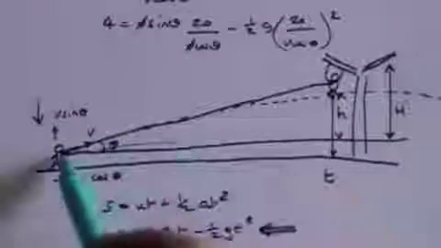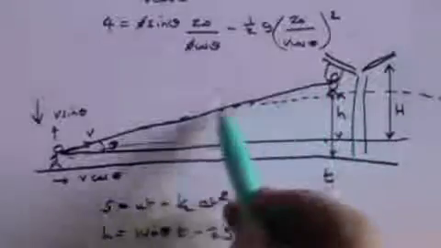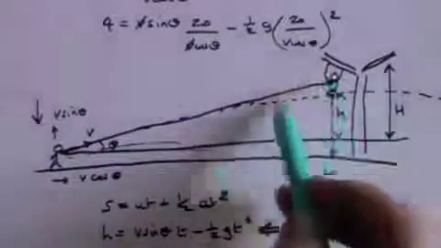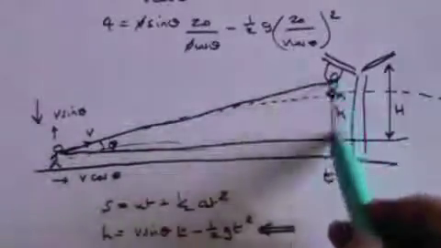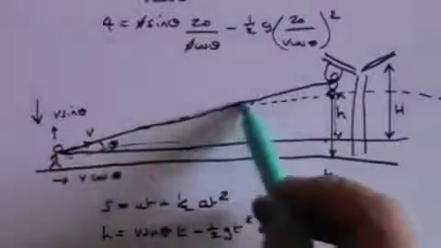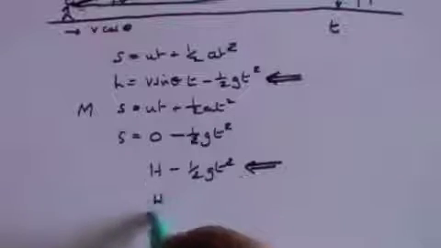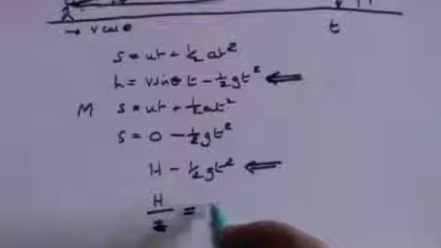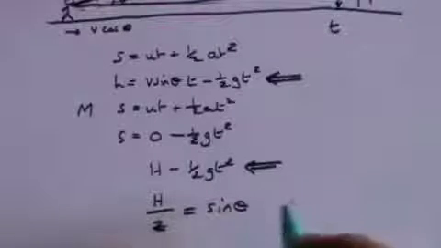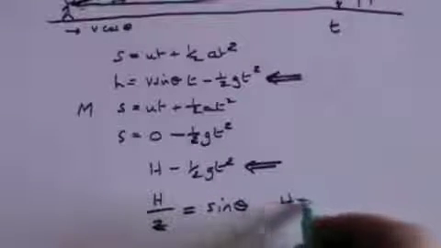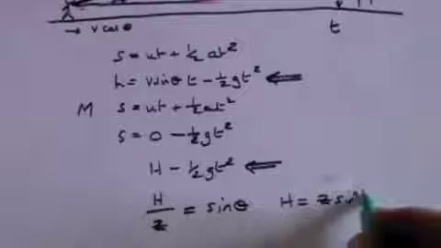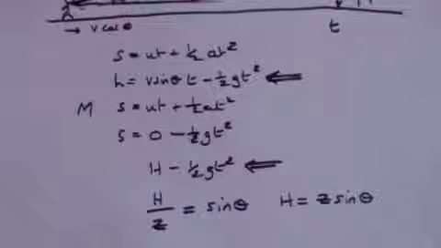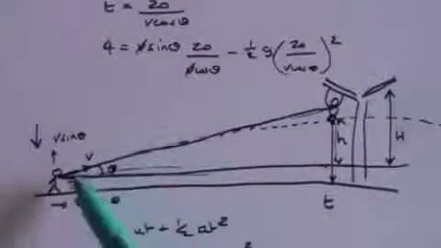Well, this is a right-angled triangle, and the height H divided by the hypotenuse, which I'll call z for the time being, is sine theta. In other words, H equals z sine theta. And z, remember, is the hypotenuse, which is this distance here.